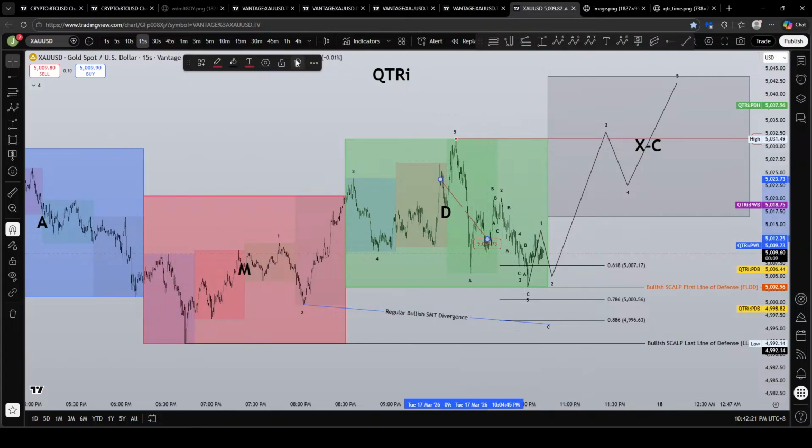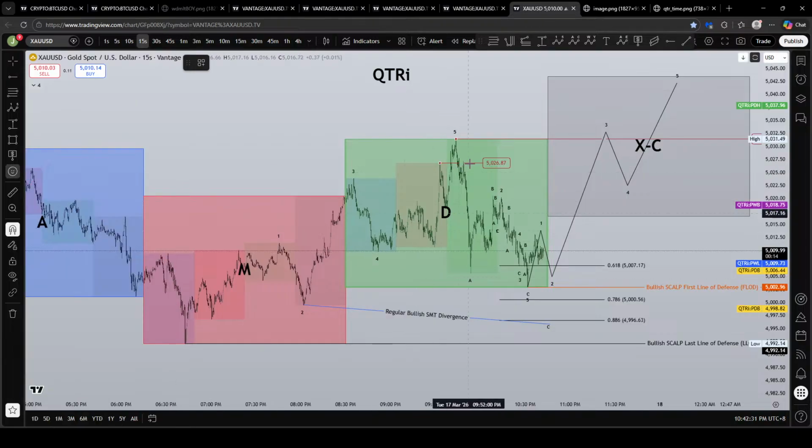Sorry, not this one, but this one. So this will be your best opportunity to enter a short position, the sweep of the subquarter 2 high of quarter 3.